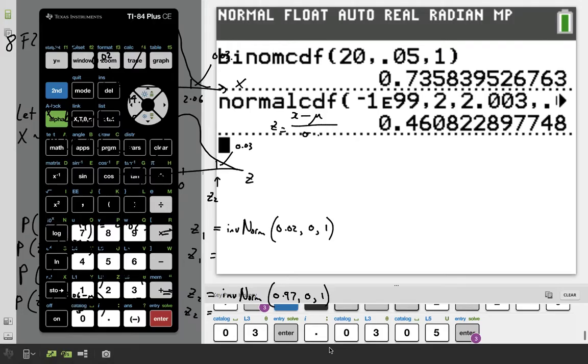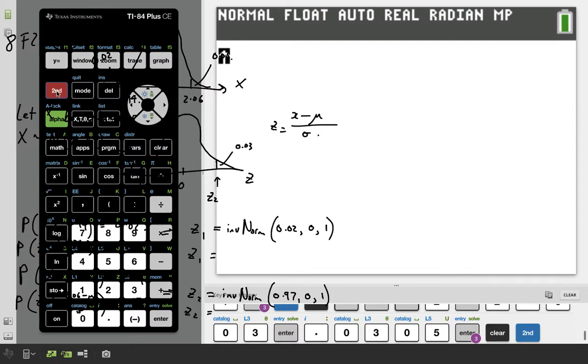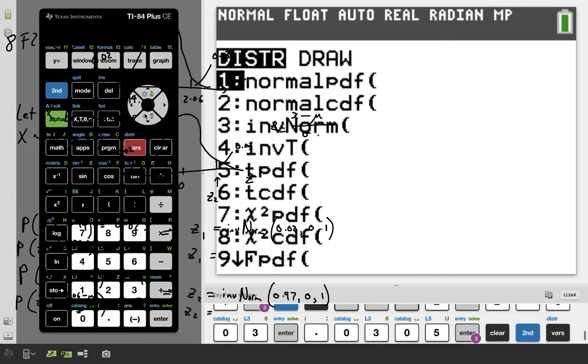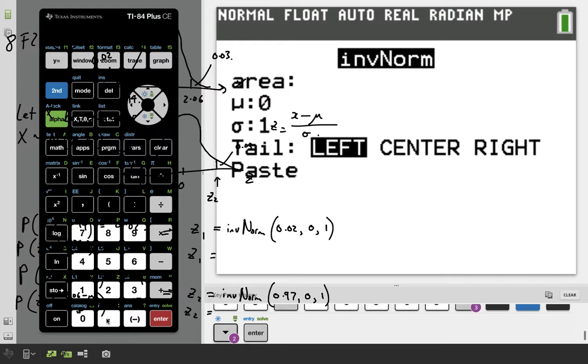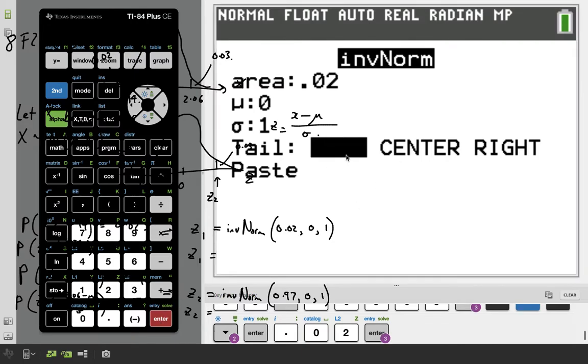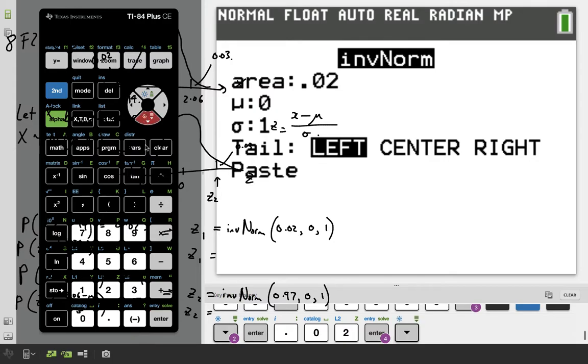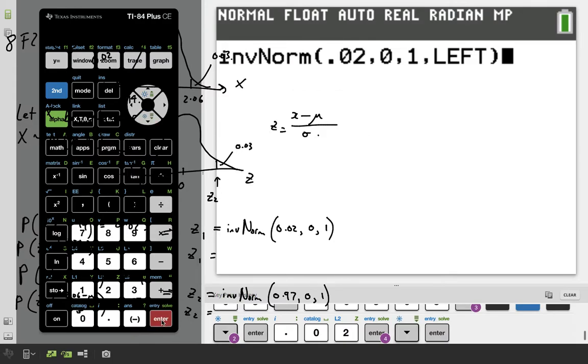Now, screen's a bit of a mess, but I think it'll be all right. So I think we'll be able to see what we're doing. Just inverse norm. The first area is only 0.02, and I'm always going from the left, for those of you that have the older calculator, which only goes from the left.